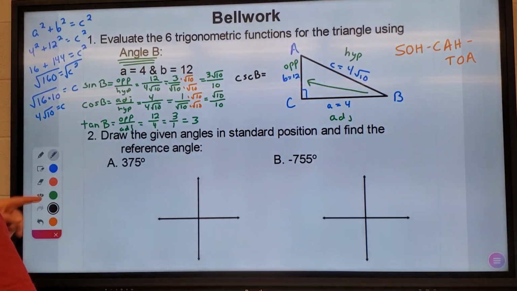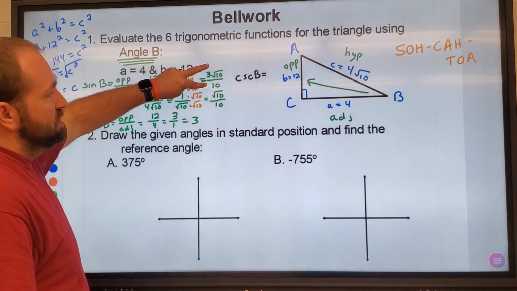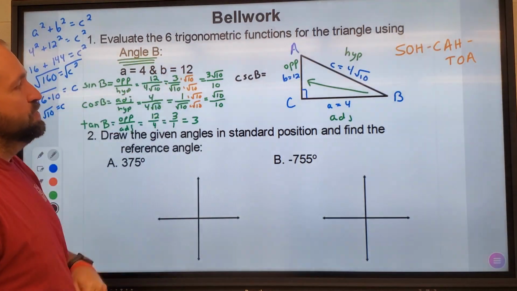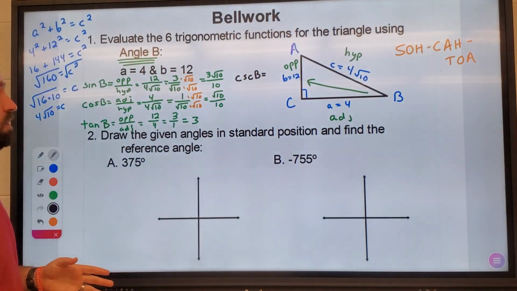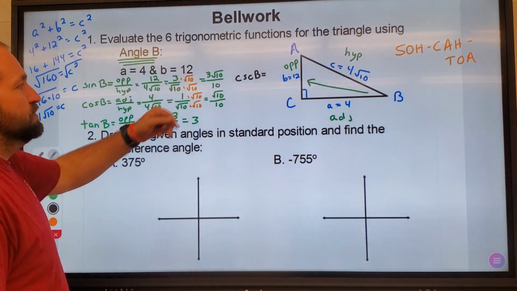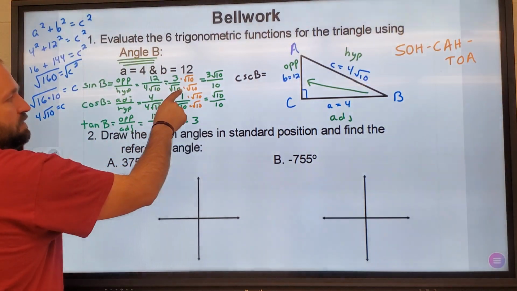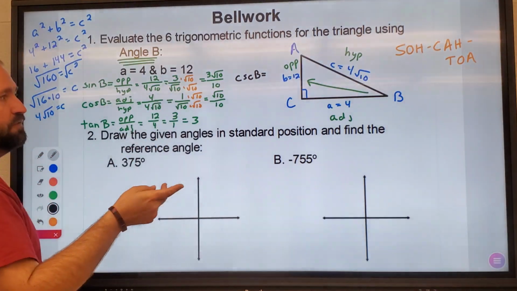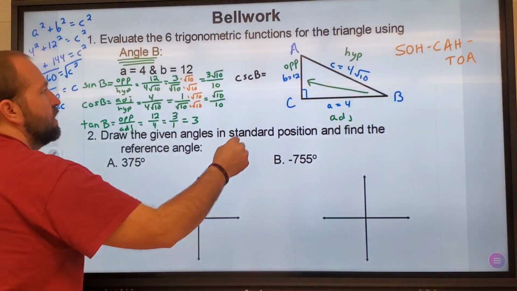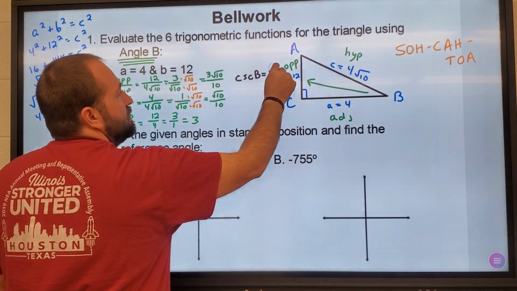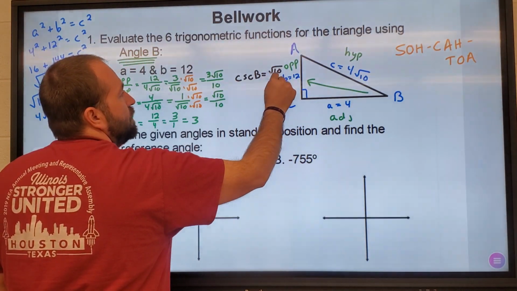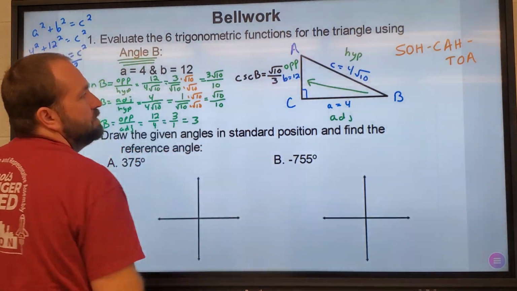So 3 square root of 10 over 10. If I took this and I flipped it, I'm going to put that square root in the denominator. I don't want to do that. Okay. Here, the square root of 10 over the square root of 10, that was just used for simplifying purposes. But if I take this 3 divided by the square root of 10 and I flip it, that gives me an answer that I don't have to reduce. So the square root of 10 over 3, that is my answer.